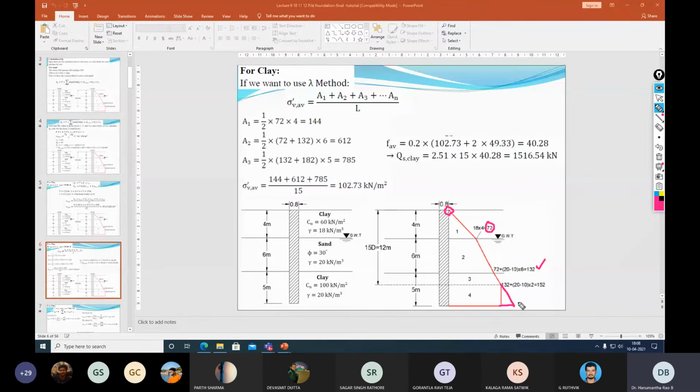You need to extend. This is 182. So this is the average of 132 plus 182 by 2, into length 5.